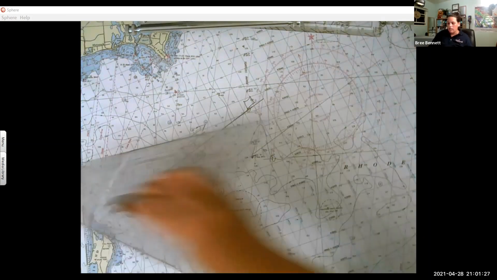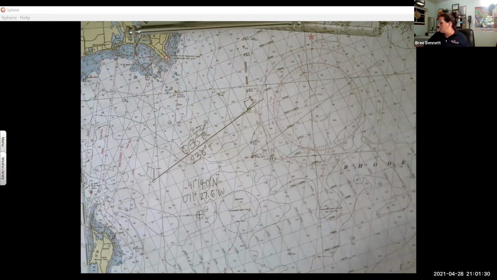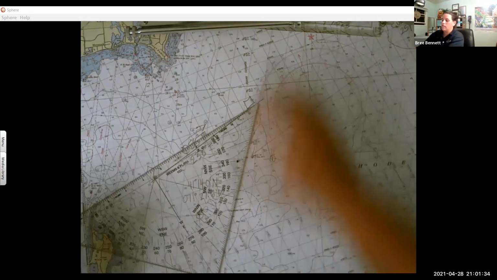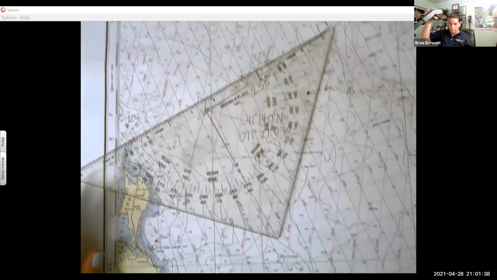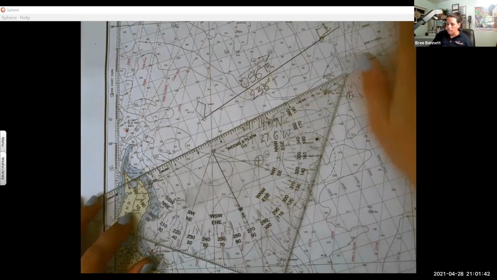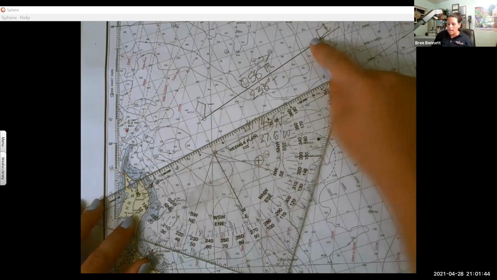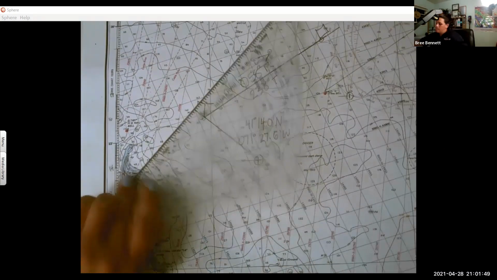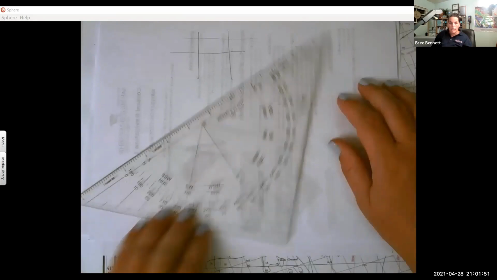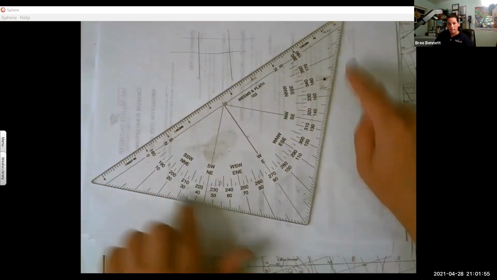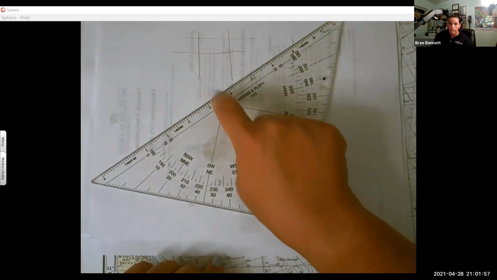If you use a triangle, let me get the clear one. This one's a little easier to see on the camera. If you use the triangle, there's no movement involved. So I want to measure this line. Our triangle has a long side and two short sides, and then it has a focal point.